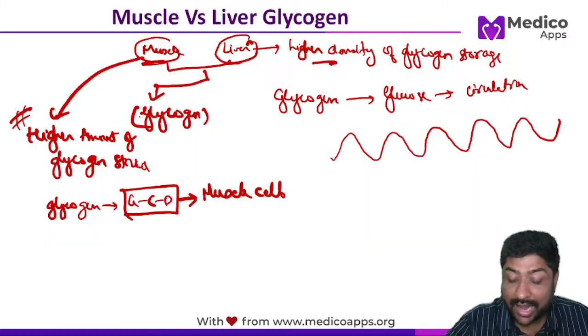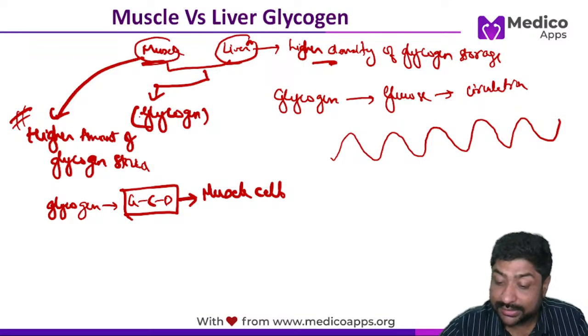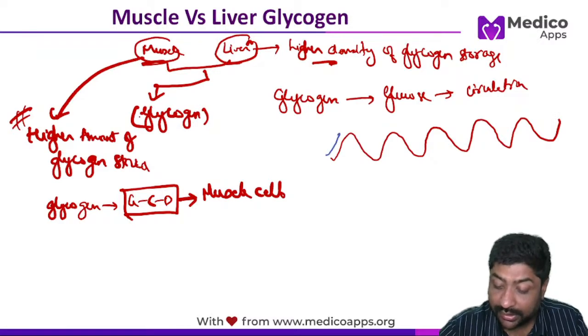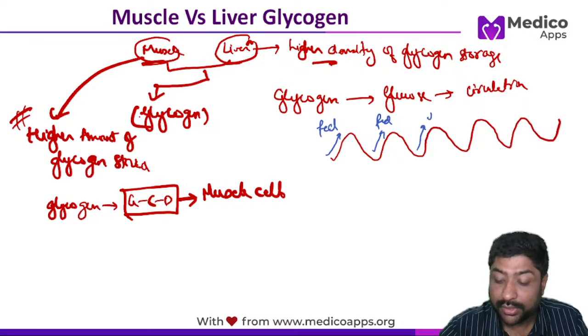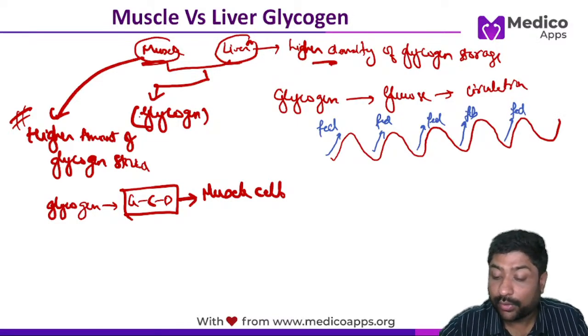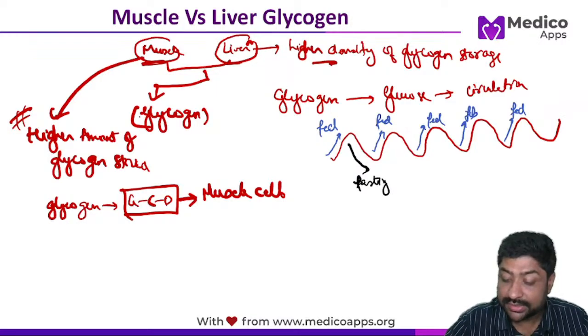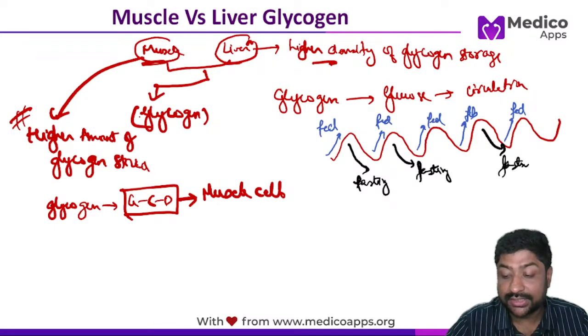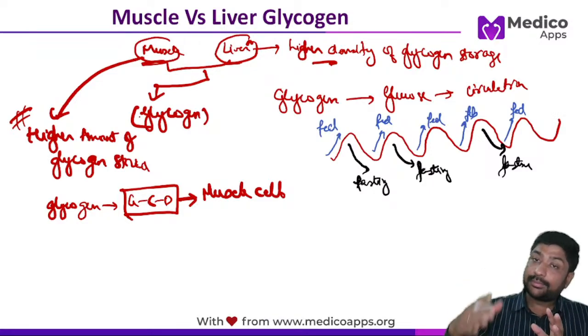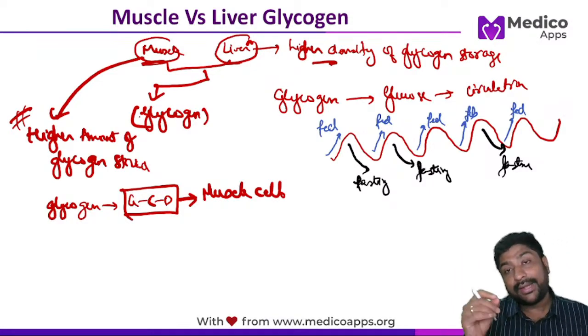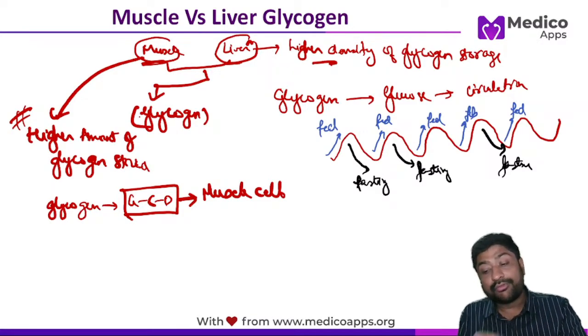The increase is related to the fed state: whenever the body is in the fed state, the amount of glycogen in the liver will increase. The decrease is associated with the fasting state. So in liver, the glycogen level keeps going up and down, and this is related to the fed and fasting state.